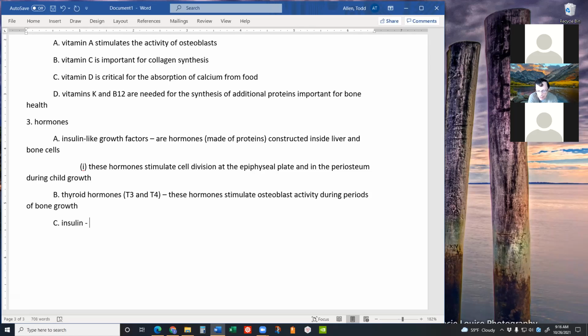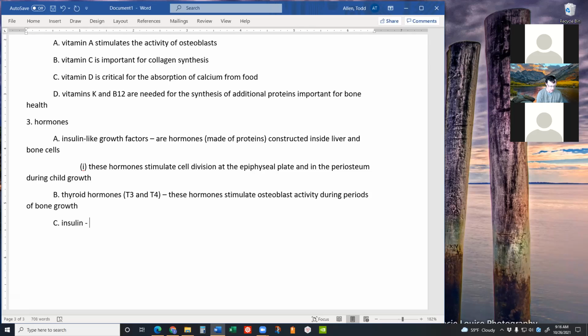So insulin is made from the pancreas. In addition to its normal role in carbohydrate metabolism in your body, insulin as a hormone also stimulates additional bone growth by promoting the formation of additional proteins needed to grow the bones.